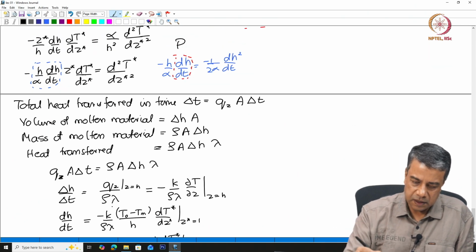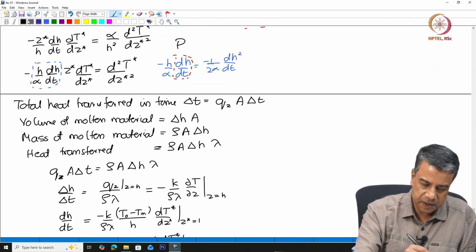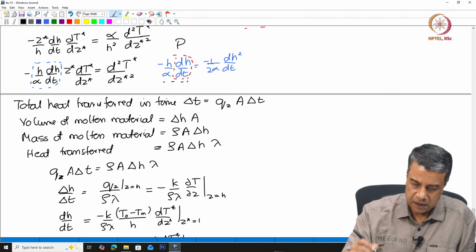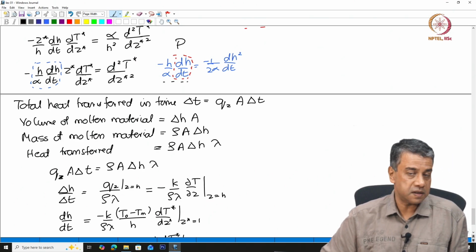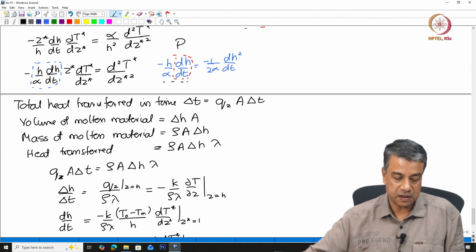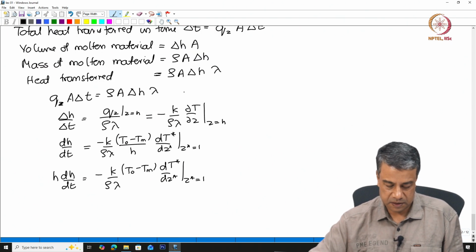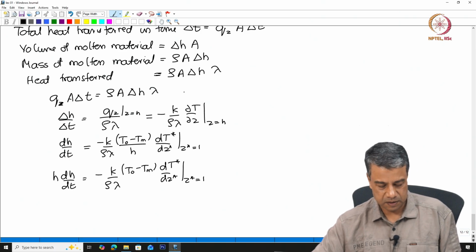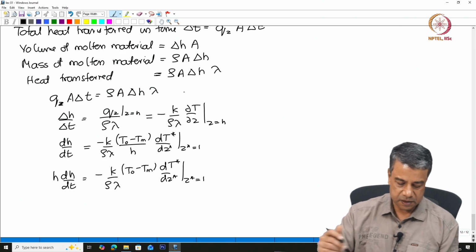And note that I had defined this p as h by alpha dh by dt. And I said that this has to be a constant if we are to get a similarity solution. So, I can divide this throughout by alpha.